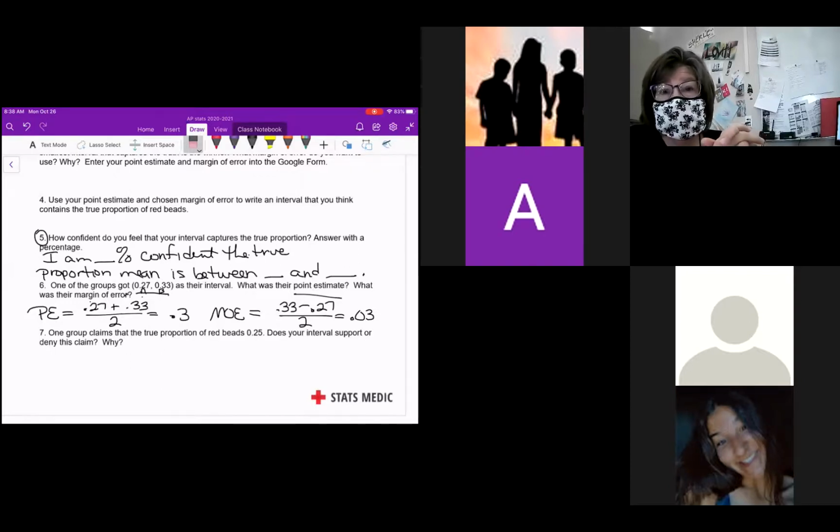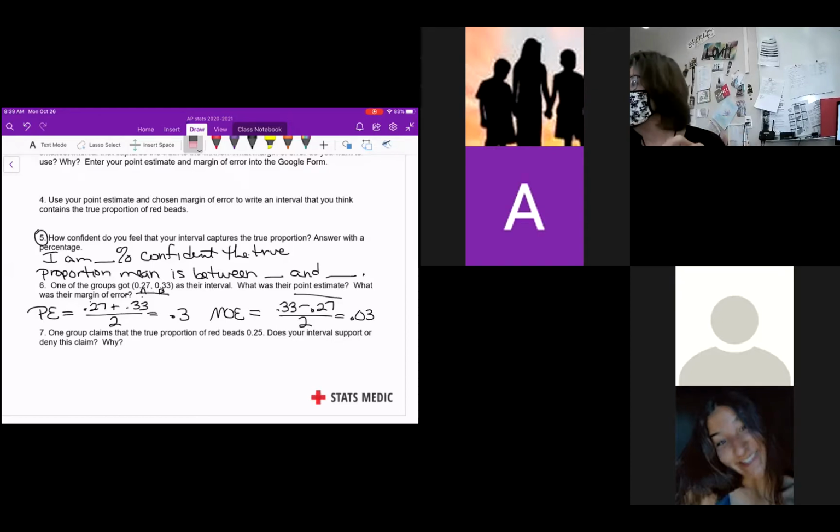You take your point estimate plus or minus what's called the Z critical value. We will do that a little bit later.